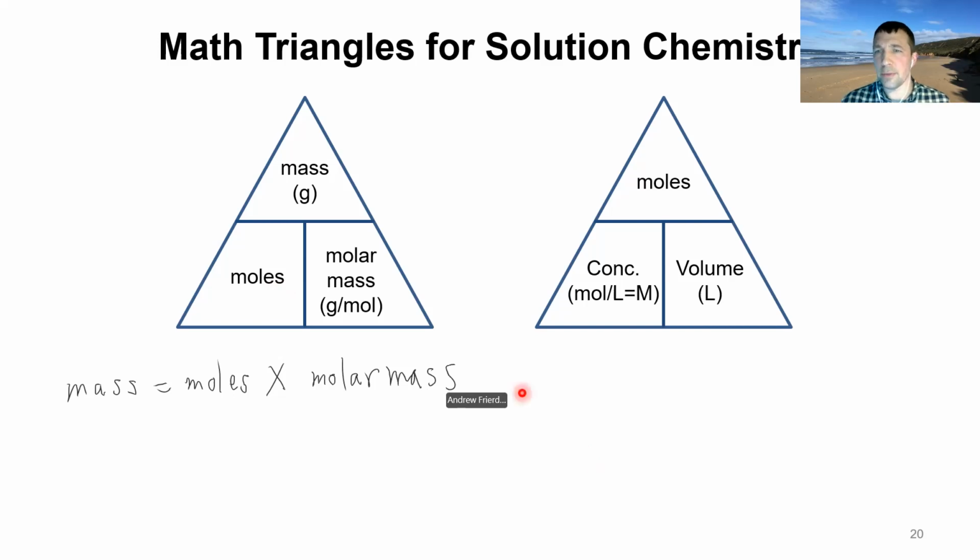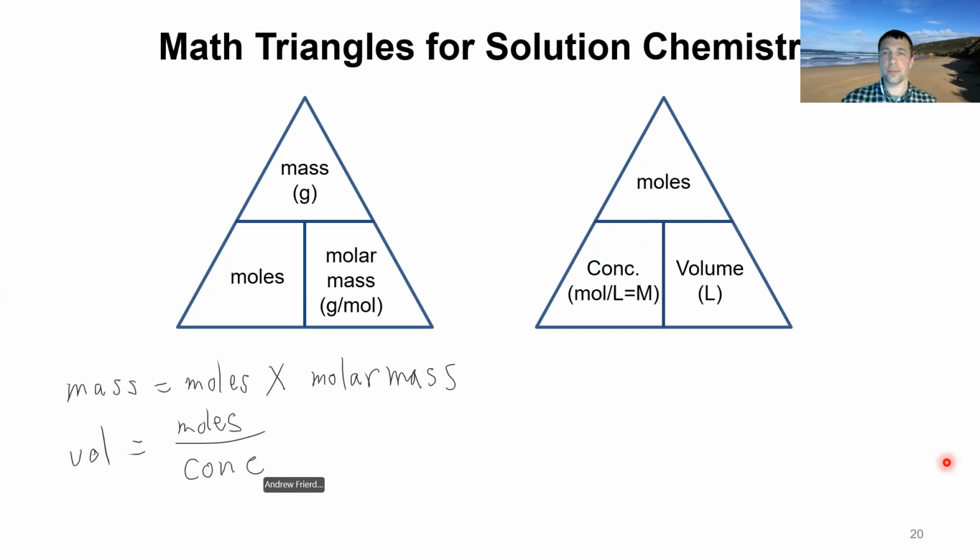Likewise, if you want to understand the relationship between volume and the other two items in this triangle, volume would be equal to the quotient of the other two items. So that would be moles divided by concentration. The units are noted here as well, and by following those rules, the units will all work out.